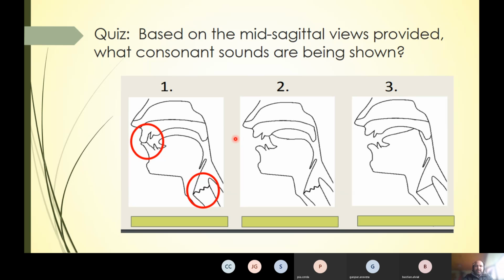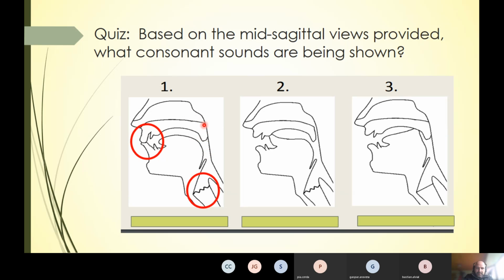Okay, all right. Now, if you compare this area of the image with this one, do you notice any difference? If you see the velum here, the velum is closing the passage here.